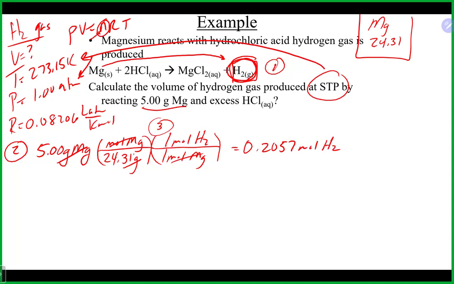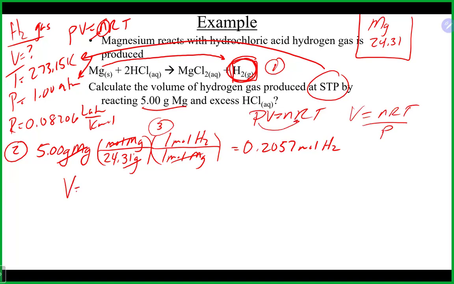That again is the missing piece that we need if we're going to use the ideal gas law here. So once again, we are solving for volume. So our PV equals nRT. Our volume will be nRT divided by P, bringing that to the other side.